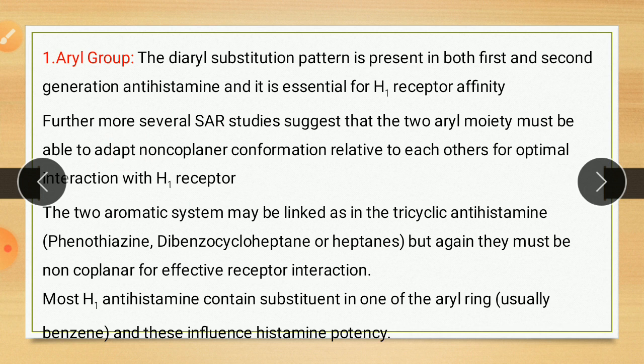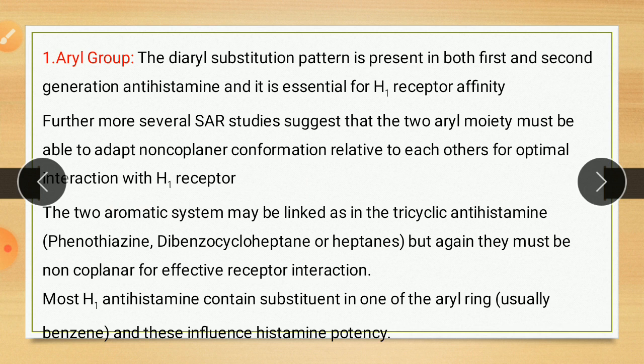These two aromatic systems may be linked, as in tricyclic antihistamines like phenothiazine and dibenzocycloheptane, but again they must be non-coplanar for effective receptor interaction. So these two aromatic rings may be in fused form or they may be separated. In fused form, like in phenothiazine and dibenzocycloheptane, the two aromatic rings are fused, but again they should be non-coplanar to each other.